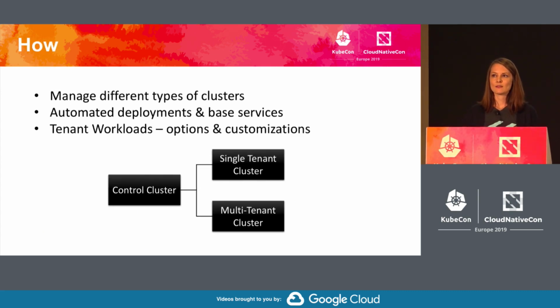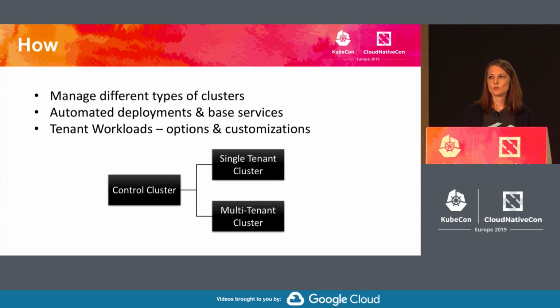So how did we make this vision a reality? Based on the patterns, we distilled our cluster types down to 3 different types. First, we have a control cluster. We have one per environment. It manages deployments, and it has global monitoring. Then we have single tenant clusters, which are for teams who require hard multi-tenancy.